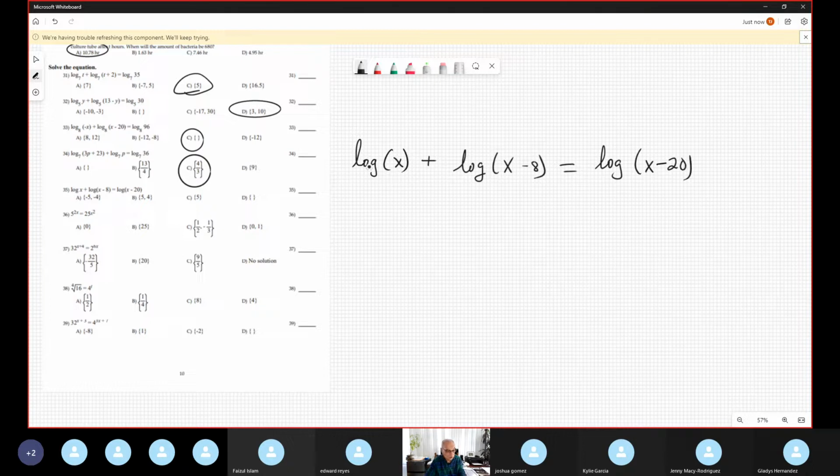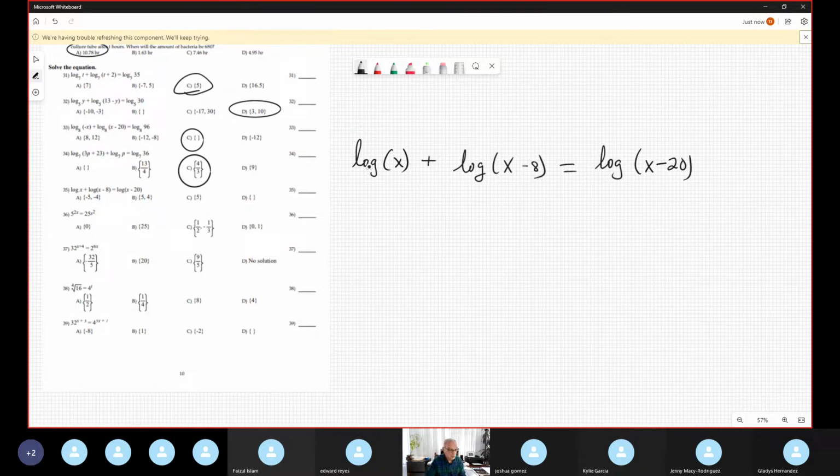Wow, but there's something weird in this equation. In this equation, I don't see what is the base of that logarithm. What do you suppose can happen here? Because it's 10, it's obvious, it's the common logarithm, yes.